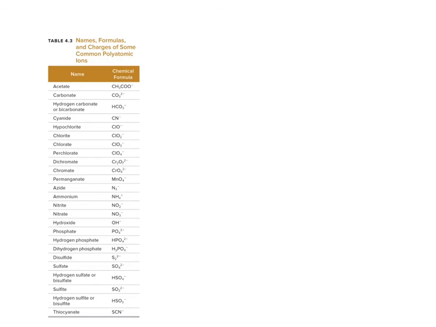So for instance, if I wanted to make sodium acetate, sodium is in group 1, so it's +1. Acetate, according to my chart of polyatomic anions, has a -1 charge, so it's CH3COO-.